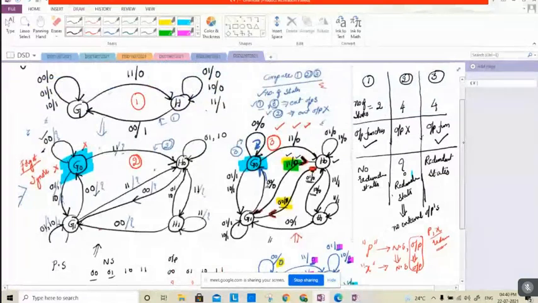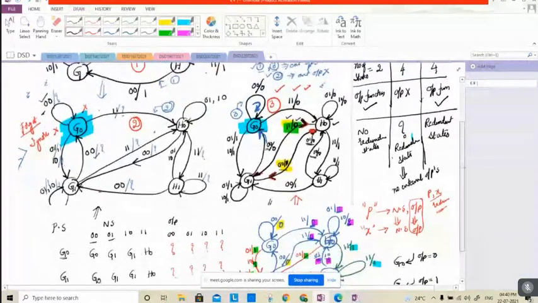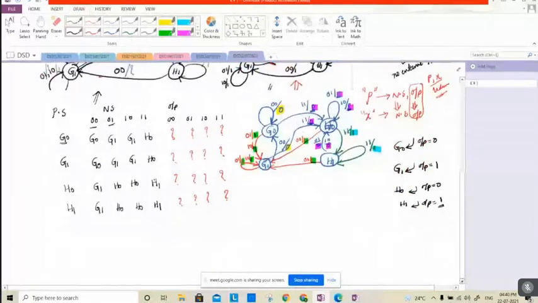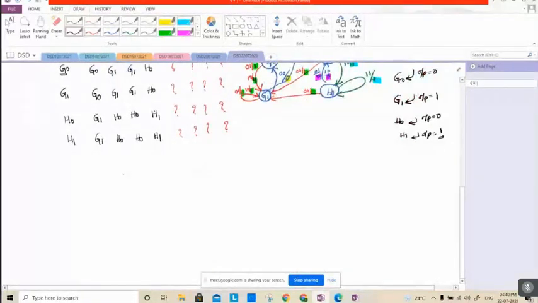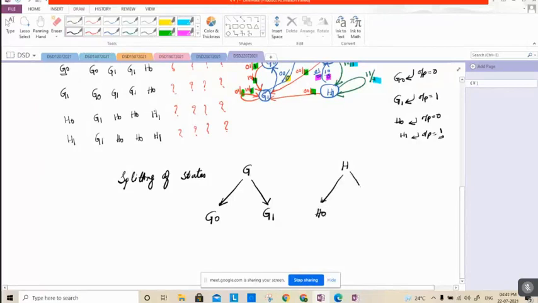What we have done is we have split the states, such that G is split into G0 and G1, and H is split into H0 and H1. Right.